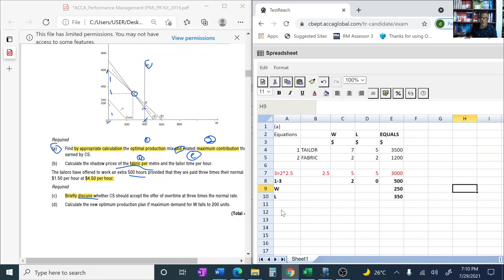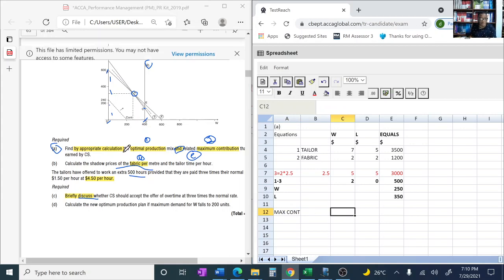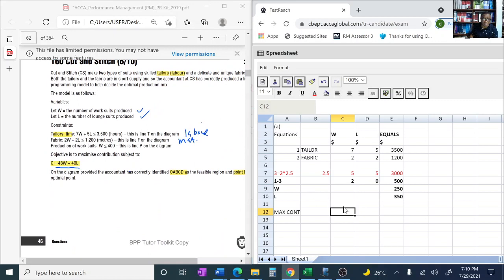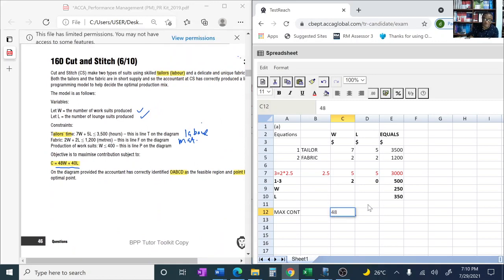Now, for the maximum contribution, I'm looking at 4840. I can see that there are 48 here and then 40.